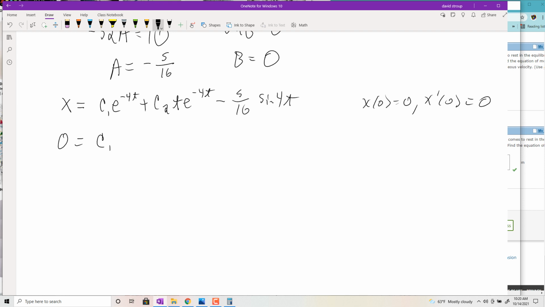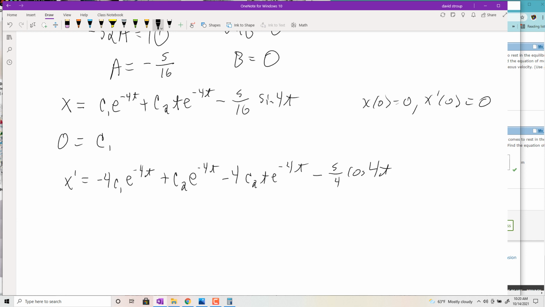Then I need the derivative, so x prime is going to be negative 4 C1 e to the negative 4t. I need a product rule on the next one. First taking the derivative of t, I get C2 e to the negative 4t, and then taking the derivative of e to the negative 4t, I'll get minus 4 C2 t e to the negative 4t, and then finally minus 5/4 cosine of 4t.